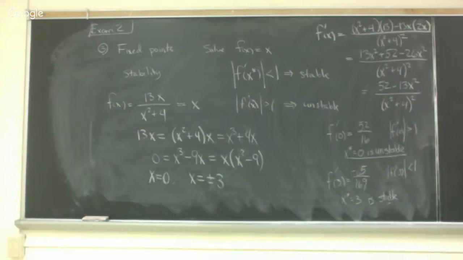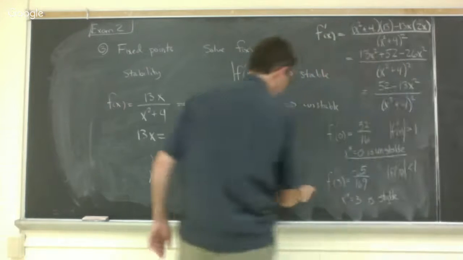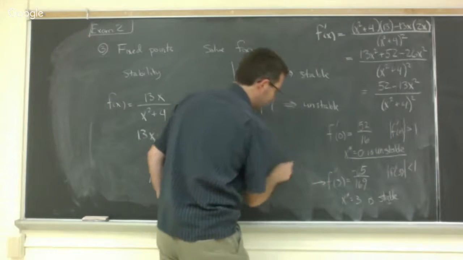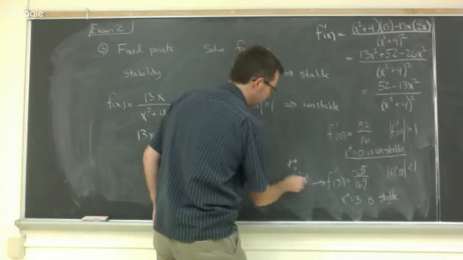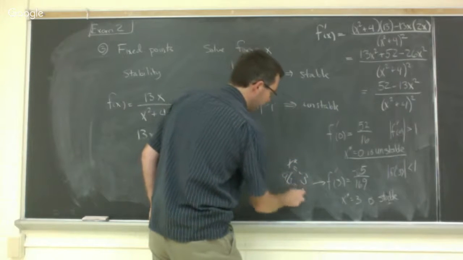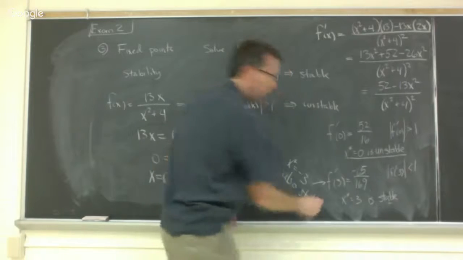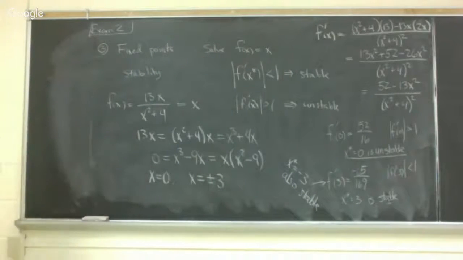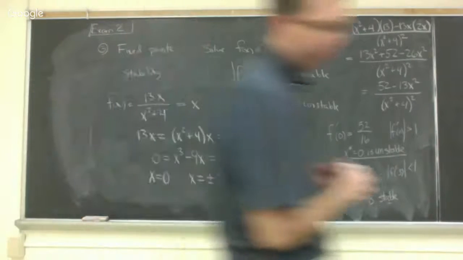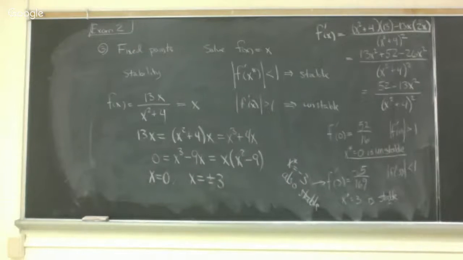Now, x star equals negative 3 has exactly the same value because every x is squared. And so x star equals negative 3 is the same. It's also stable. Okay? All right.